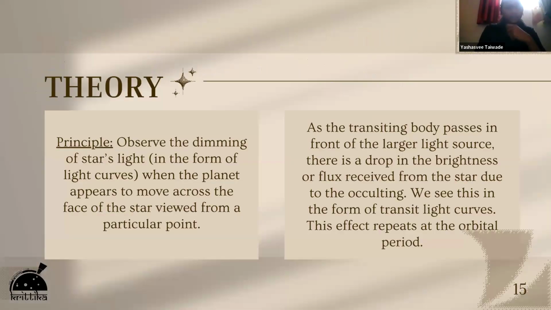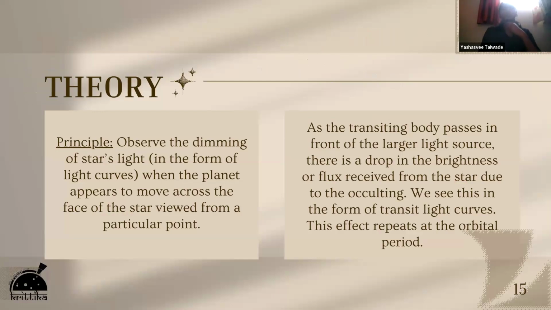Okay, so the theory. Now, what do we do with this? We receive some light from the star, and we observe the dimming of this light.